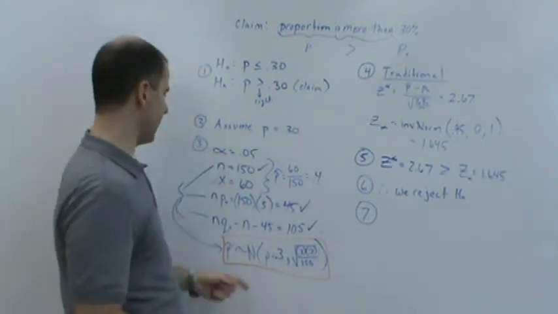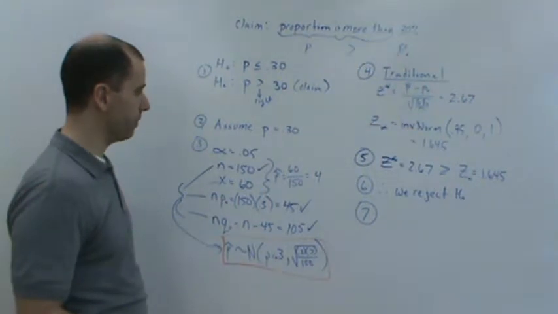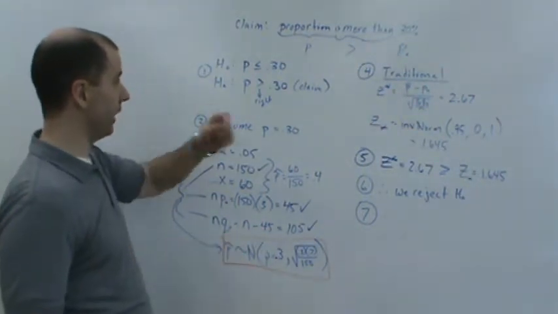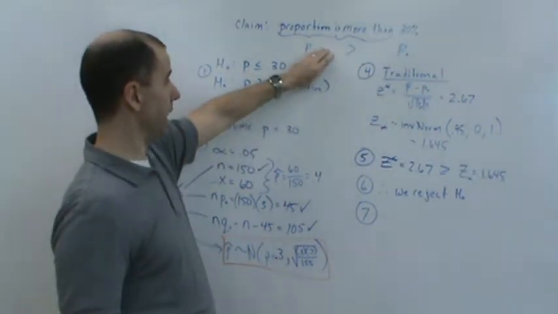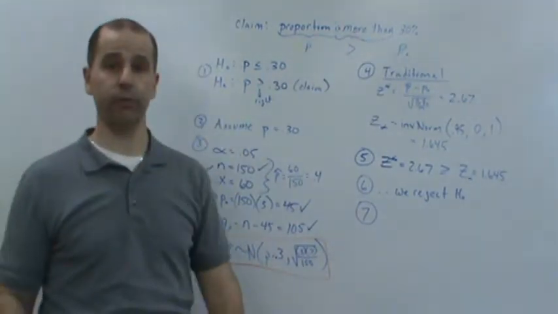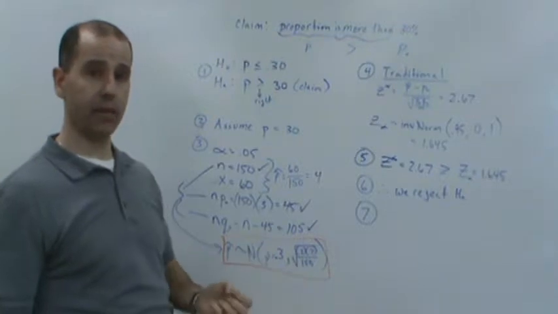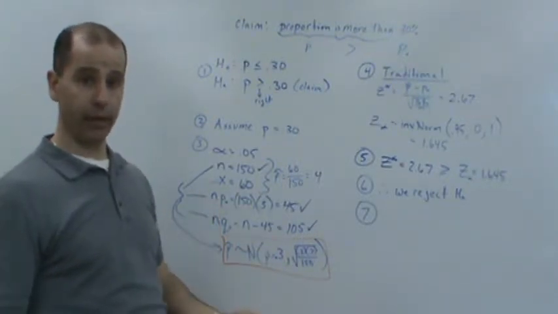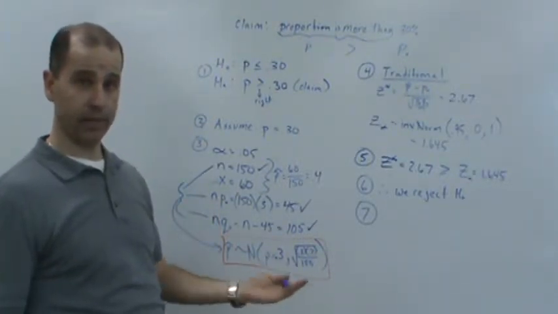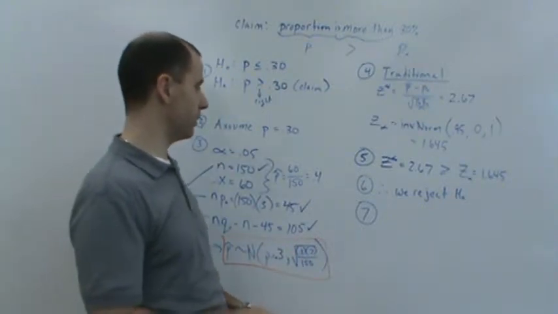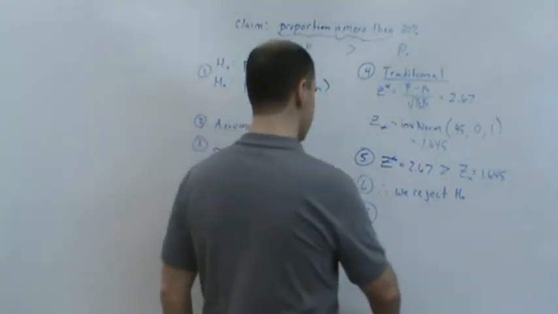So what I would say is at an alpha level of 0.05, there is significant evidence to support the claim that the proportion of households that have 3 cell phones is larger or more than 30% based on the sample data. And that's the way I would say it. So that is the traditional method.